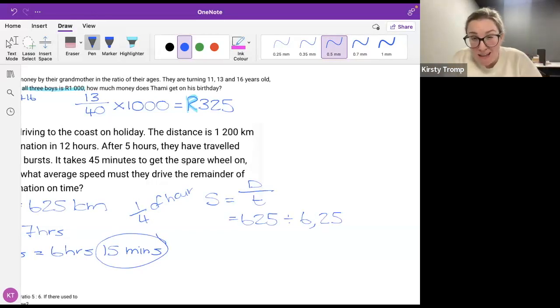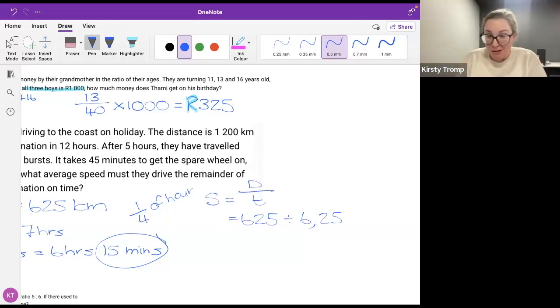I really hope that that helps you guys, because that's how I always remember it. 15 minutes is actually a quarter of an hour. So when I put it in my calculator, I must always remember to put it in as a quarter. And what is a quarter? A quarter is comma 2, 5.